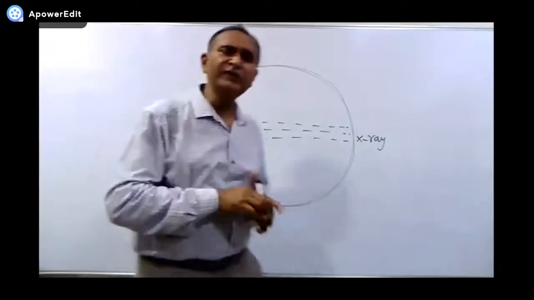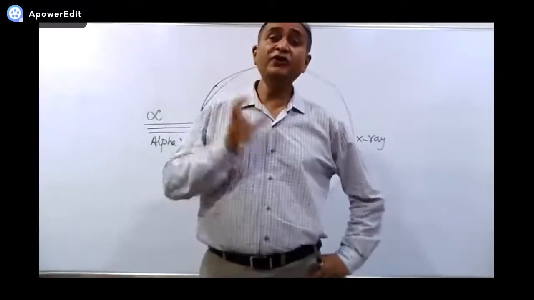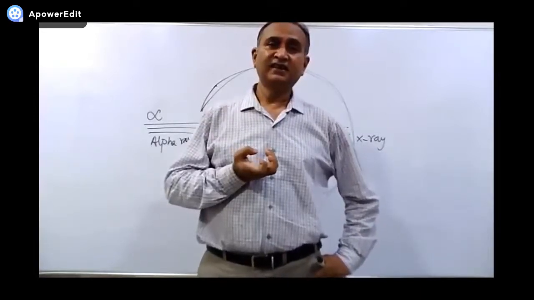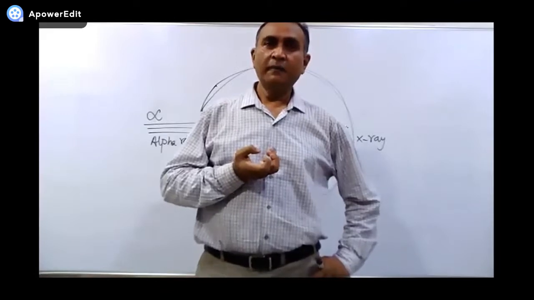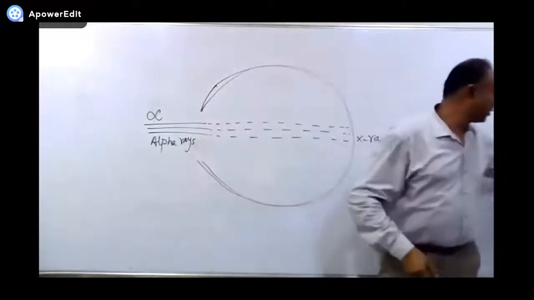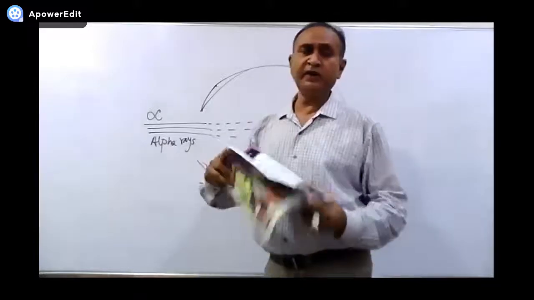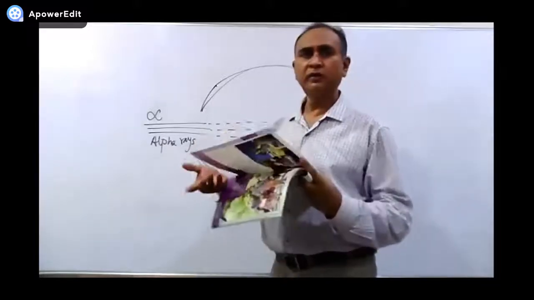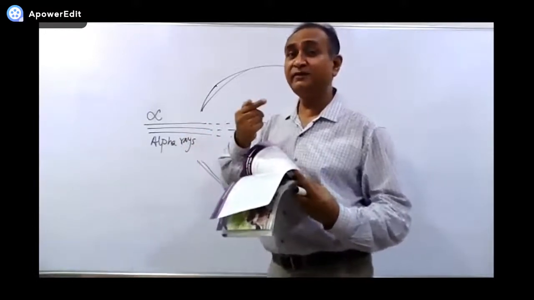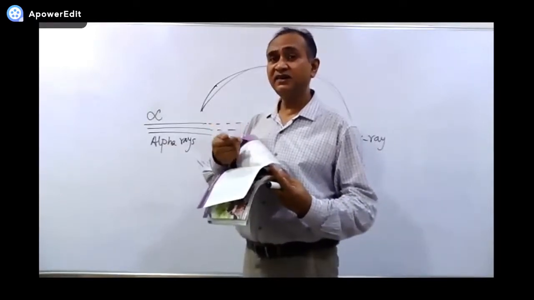Can you tell me what is the difference between alpha rays and gamma rays? I just told you right now. Gamma rays are non-material, like sun rays. And alpha rays are material particles, like when I blow on this paper. Why is this paper moving? Because my breath contains particles, matter, carbon dioxide, nitrogen gas.